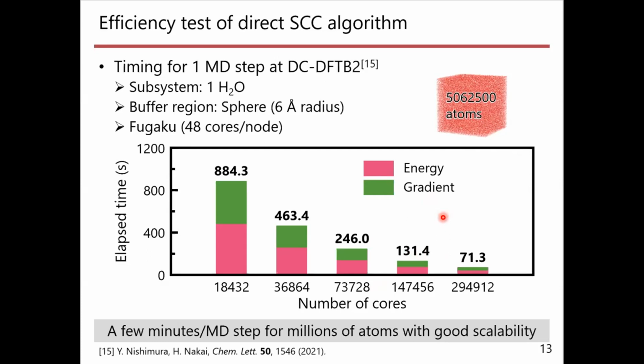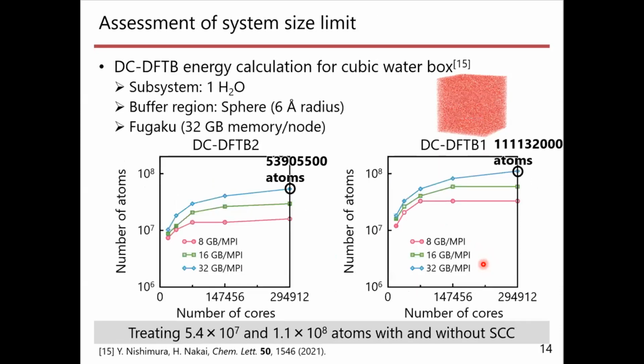The efficiency of the direct SCC algorithms was assessed using a cubic water box consisting of about 5 million atoms on the supercomputer Fugaku. These bar graphs show the elapsed times for the energy and gradient calculations, and the total computational times using different numbers of cores.